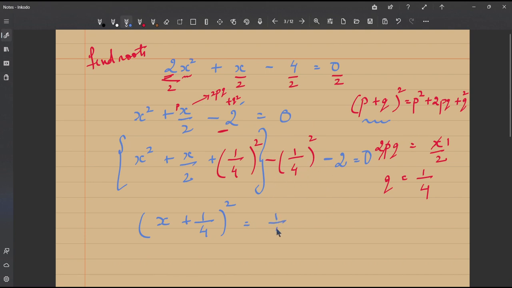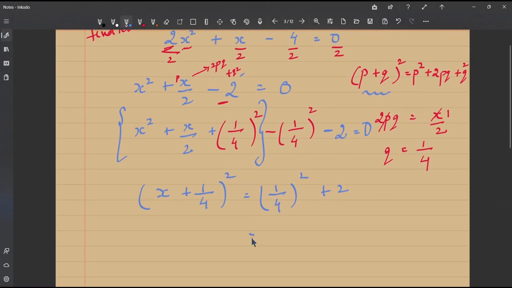It becomes 1 by 4 the whole square plus 2, or what is 1 by 4 the whole square? It is 1 by 16 plus 2. So, now we need the denominator to be 16. It is 1 here. So, just multiply both numerator and denominator by 16. You get 32 by 16, isn't it?